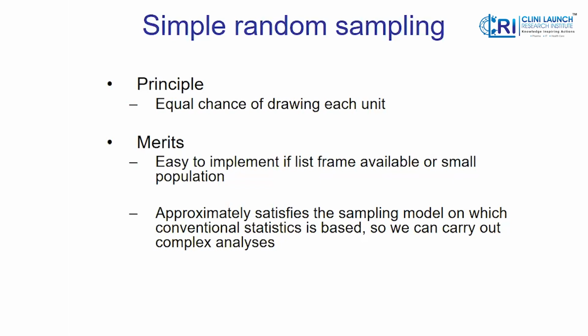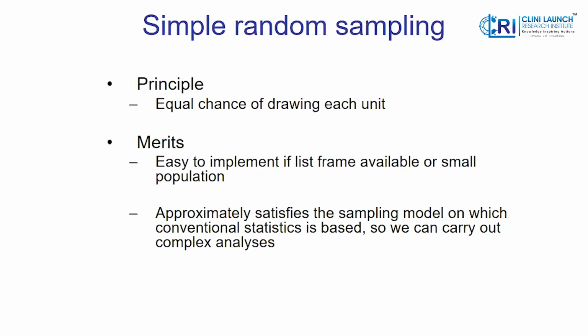Also, simple random sampling is a simple method, and the theory behind it is well established. Standard formulas exist to determine the sample size and the estimates, and these formulas are very easy to use. So this is the primary reason why most researchers in today's era go for simple random sampling. The primary method is this only.